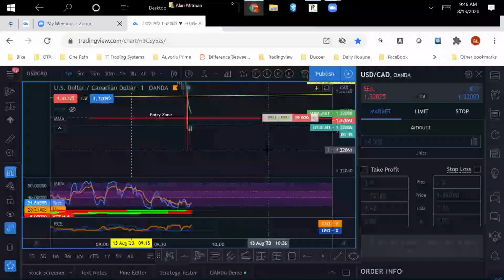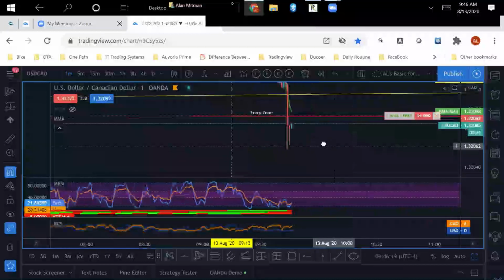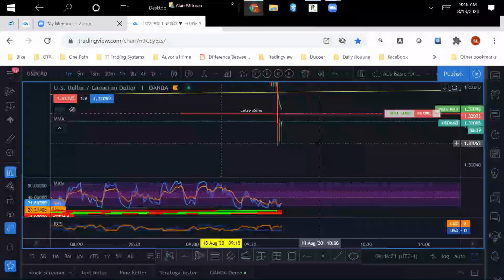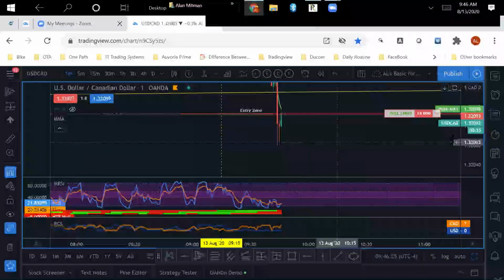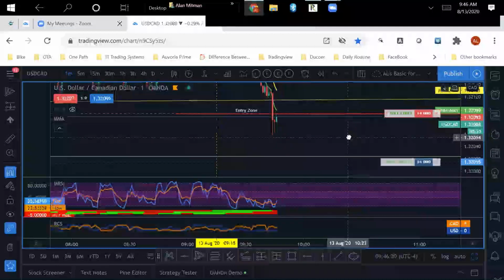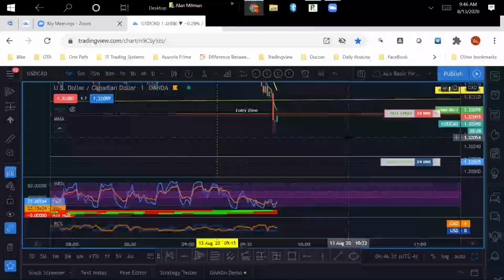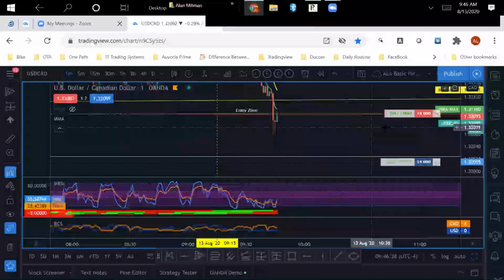If it comes, have it come to you. Strong red candle coming back down, retracing part way up. See if it can get us in. Now it's going to have to cover close to 2 pips above in order to get filled.